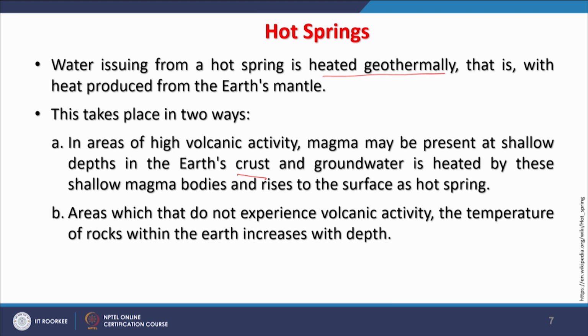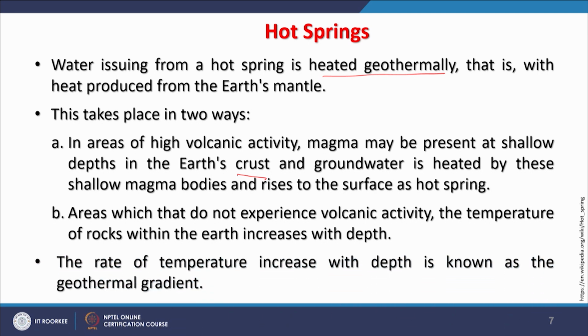The other way the water can get heated is in areas that do not experience volcanic activity. However, the temperature of rocks within the earth increases with depth. It is a normal condition in the earth. That is why in the core we say the rocks are not in solid form, they are in liquid form or semi-liquid form or viscous.